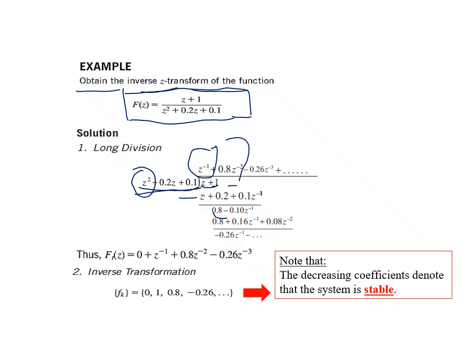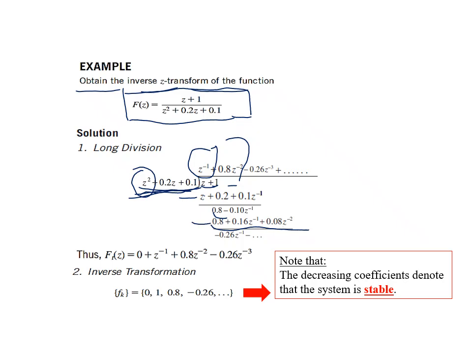Then we multiply 0.8 z power negative 2 by the denominator. We get 0.8 plus 0.16 z power negative 1 plus 0.08 z power negative 2.